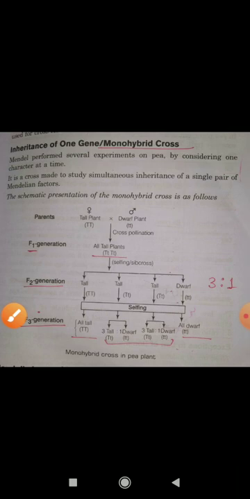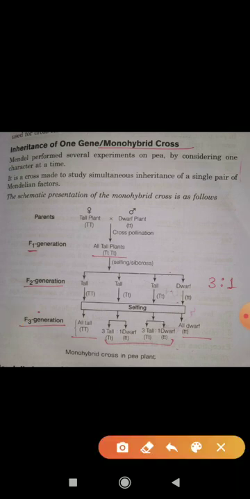Now what about the second generation? I am making the second generation here. Try to understand this also. Tt crossed with Tt, a tall heterozygous plant crossed with a tall heterozygous plant, what will be the possibility? What gametes will form? T, t, T, t.